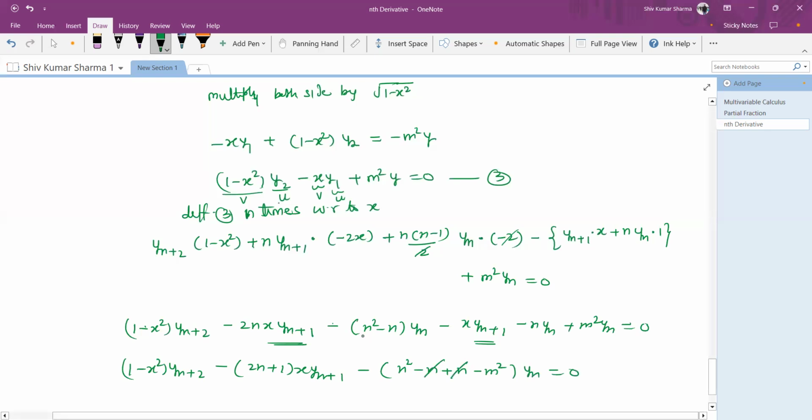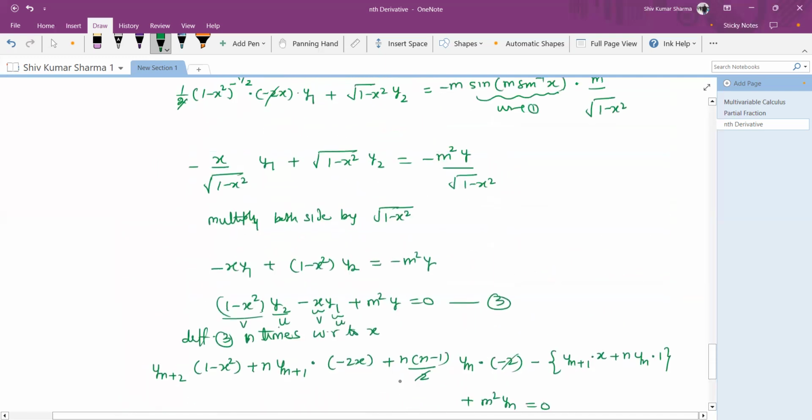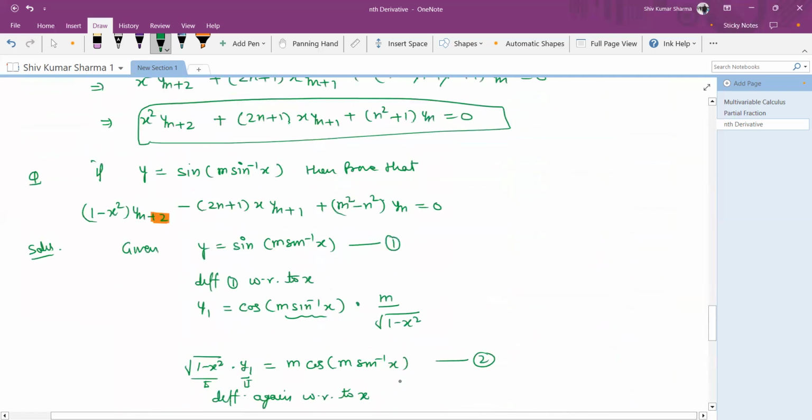So n and n cancel, so the answer is (1 minus x square) y(n+2) minus (2n plus 1) x y(n+1) minus (n square minus m square) yn is equal to 0. So this is our proof.